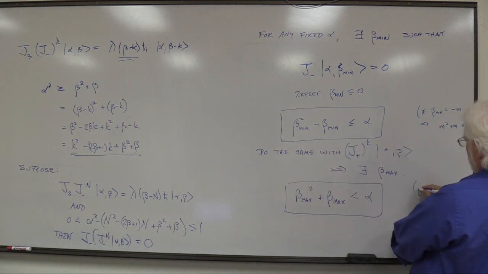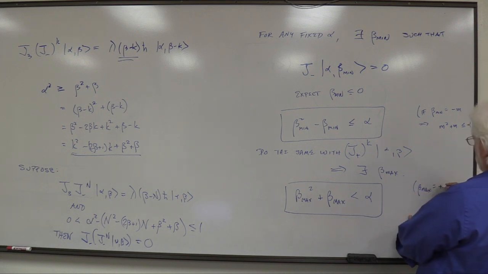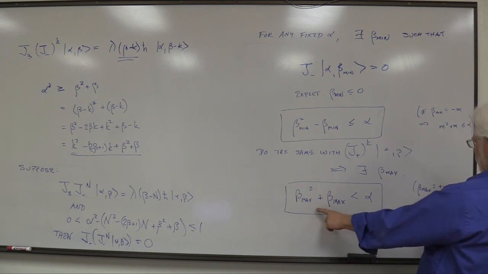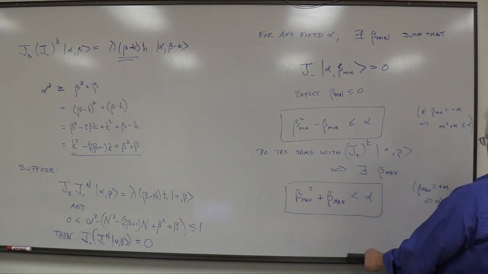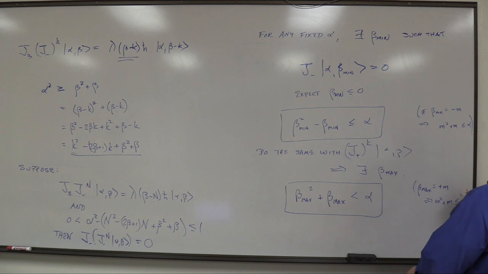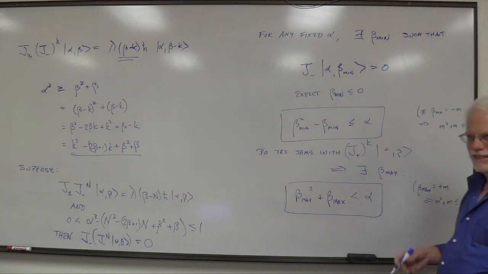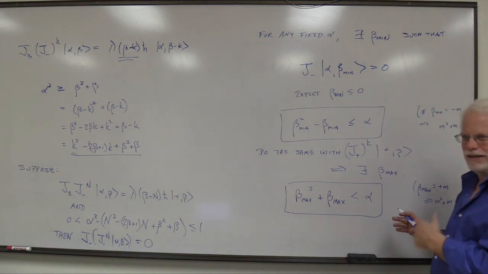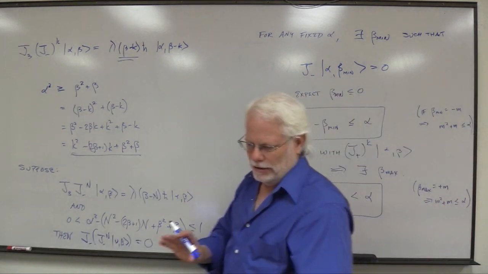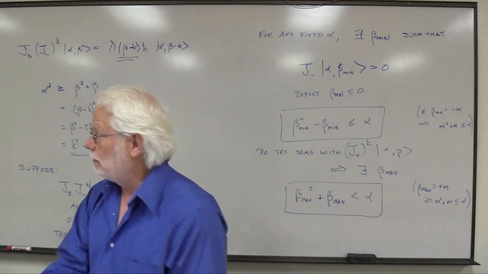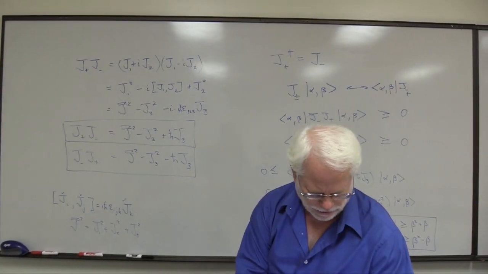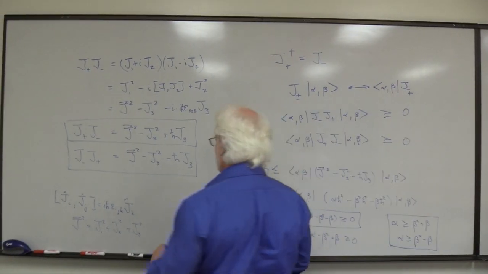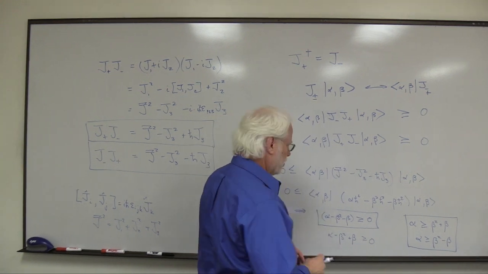If beta max is plus m, then it's going to give the same thing: m squared plus m less than or equal to alpha. So that's just an aside. That doesn't mean that's true, but we're going to find something like that. So let's work through this argument carefully. I've called the eigenvalue alpha squared, but here I've called it alpha. I'll keep calling it alpha.